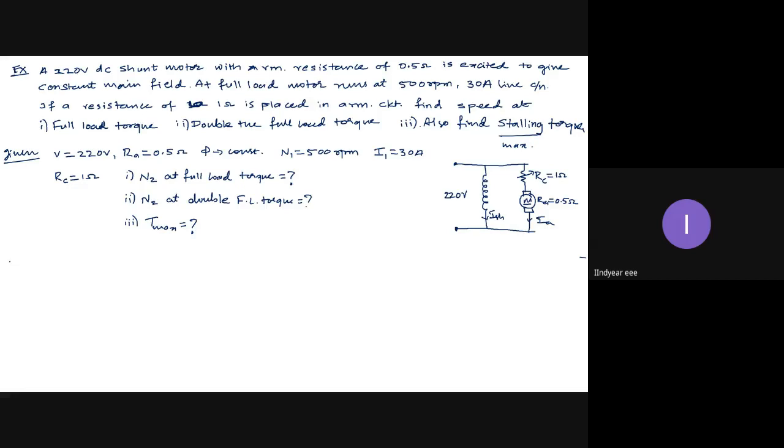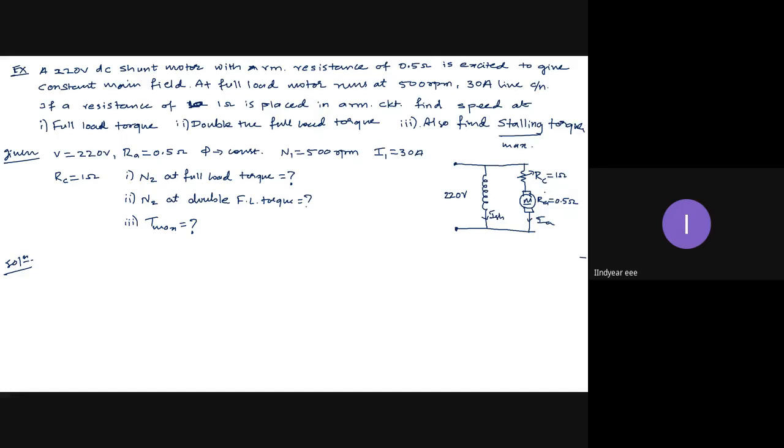So what does this statement mean? There is a speed of 500 RPM at full load. Now if at full load condition only, the first case, at full load torque, if 1 ohm resistance is added in armature, what is the new speed?